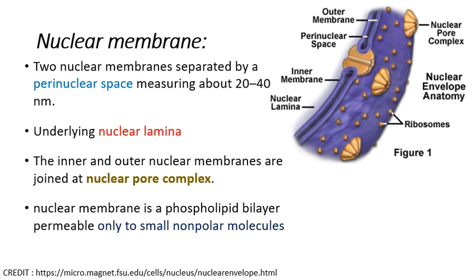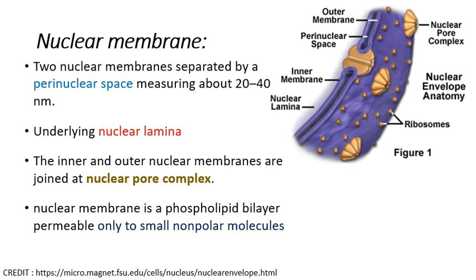Again, the outer membrane is functionally similar, and has ribosomes bound to its cytoplasmic surface, but the protein composition differs slightly as they are enriched in proteins which bind to the cytoskeleton. Whereas the inner nuclear membrane carries proteins that are specific to the nucleus, such as those that bind to the lamina.